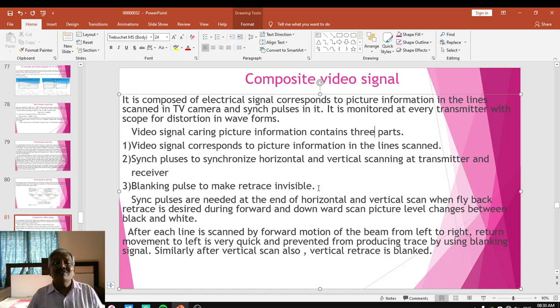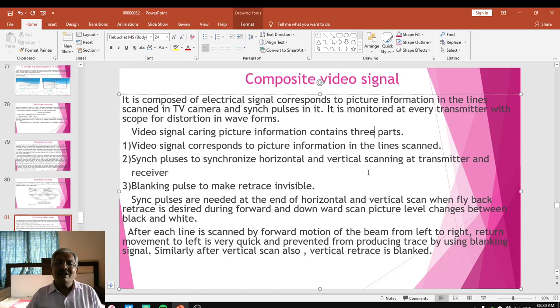So the screen must be blanked, and to keep the screen blank in the horizontal retrace period as well as in the vertical retrace period, the blanking pulses are also introduced. All these three parts combinedly are known as the composite video signal.